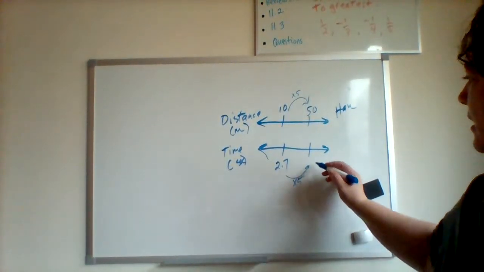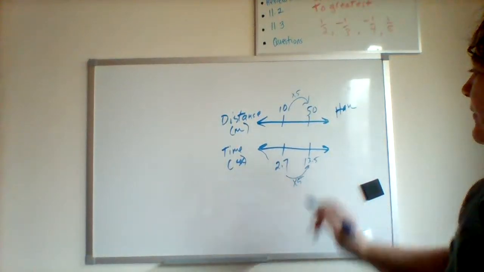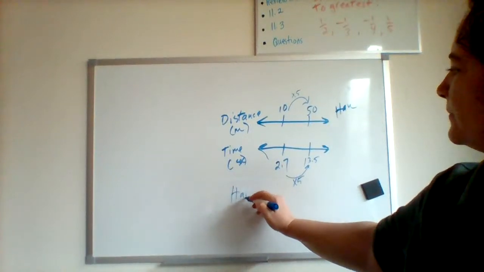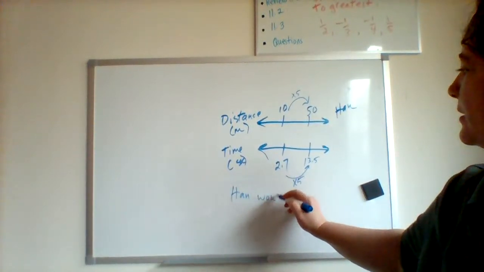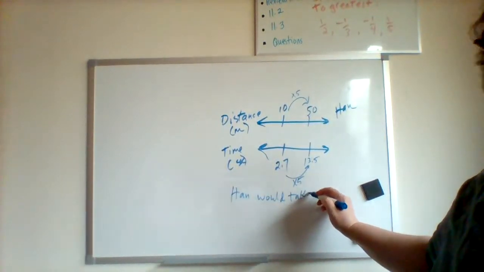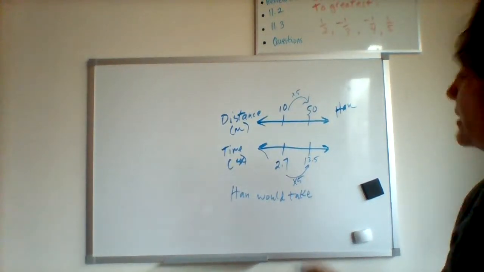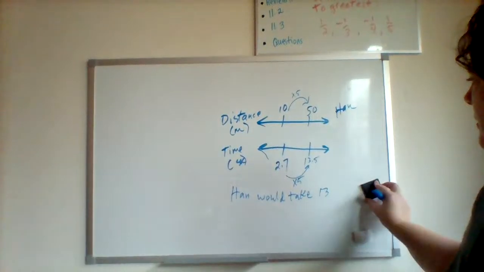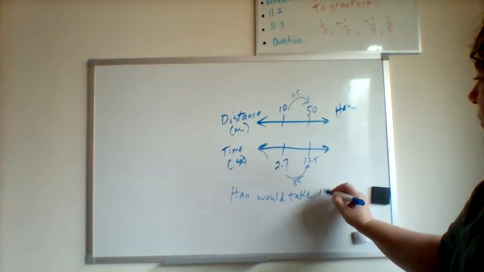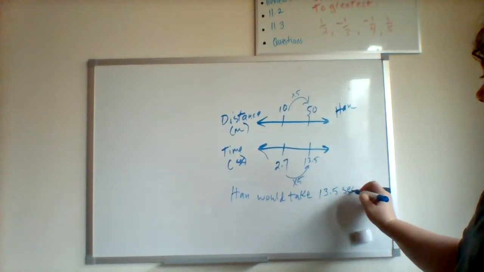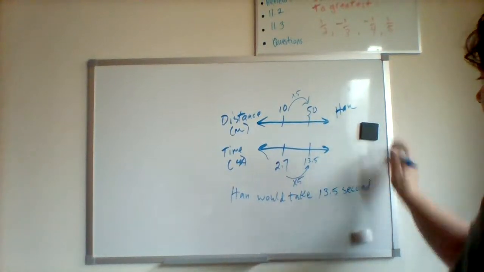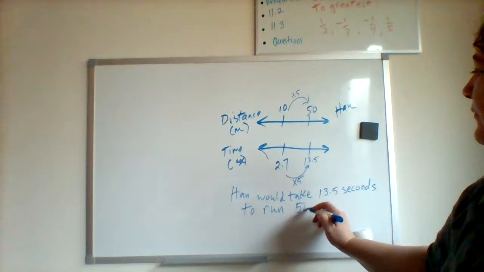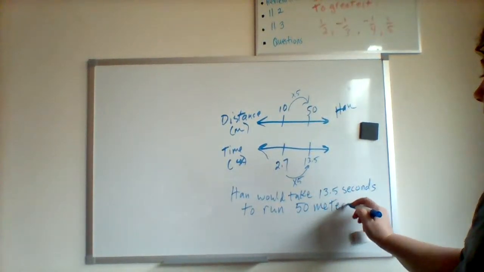You guys should get 13.5. So for the answer for Han, you would say Han would take 13.5 seconds to run 50 meters.